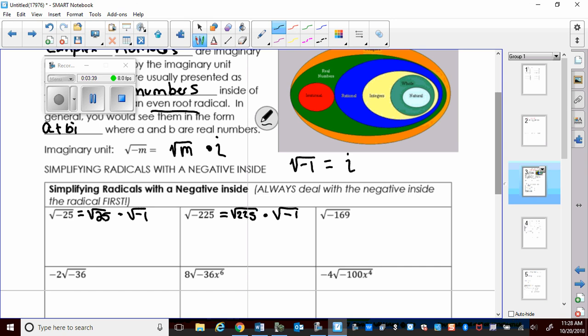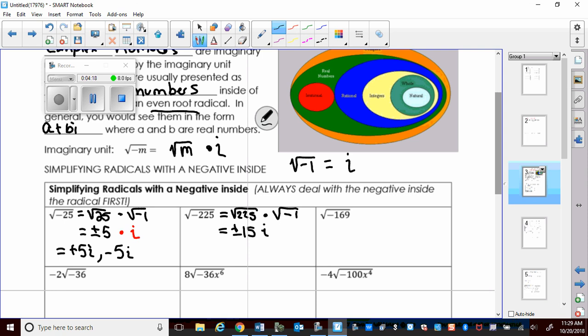After that process, I'm going to take the square root of 25 and I get plus or minus, don't forget, plus or minus 5. And the square root of negative 1 is i. You put these together, you get the answers plus 5i, comma, minus 5i. Okay? Now, next one, the square root of 225 equals plus or minus 15. And the square root of negative 1 is i.